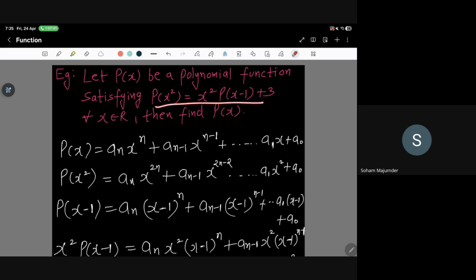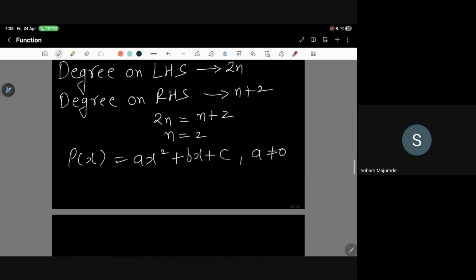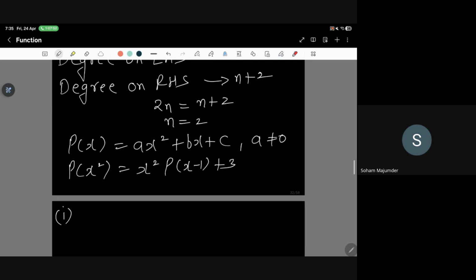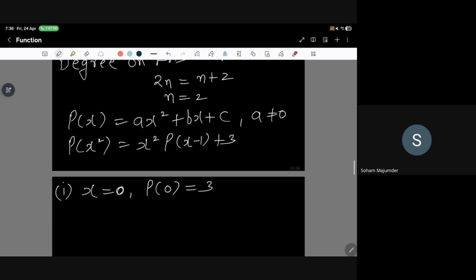Now this one, p of x square equals x square into p of x minus 1 plus 3. First, if I substitute x equal to 0 in the given equation, it becomes p of 0 equal to 3. Second, if I substitute x equal to 1, it becomes p of 1 equals p of 0 plus 3, that becomes p of 1 equals 6.